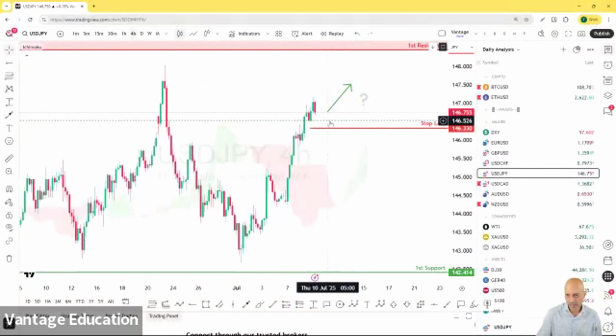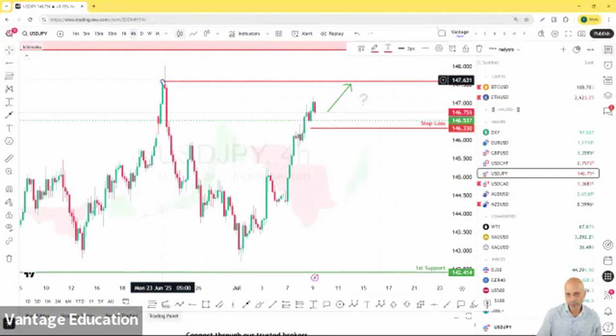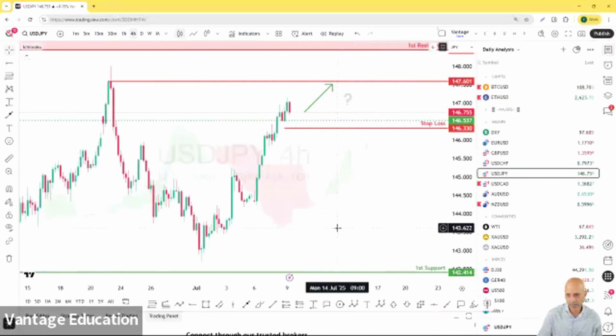And because this is a pretty significant immediate support level, I would place my stop loss 15 pips underneath this level, and at the same time, I would identify my take profit target at the swing high resistance that was formed on Monday, 23rd of June, and that level sits at 147.60.